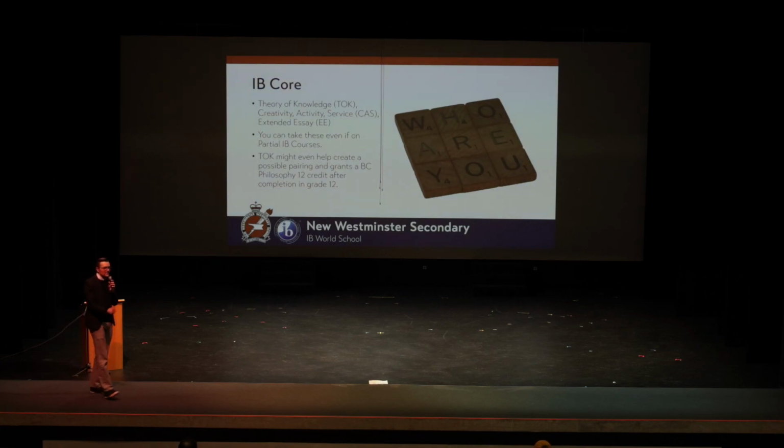Or we talk about the ethical implications of math in different ways, right? So, you know, math can be used for things like building nuclear weapons, and so we talk about the ethical implications behind those kinds of things. Or we talk about, in terms of the arts, what the role of literature is in our society and those kinds of things. So that is what the Theory of Knowledge course is based on.